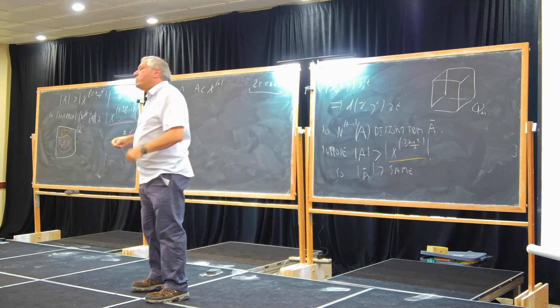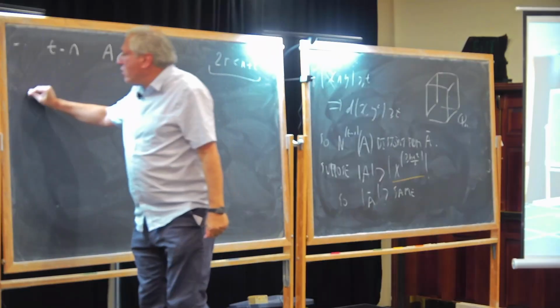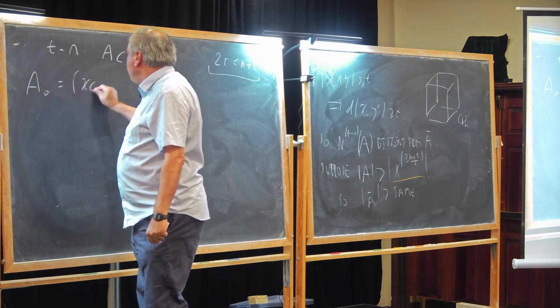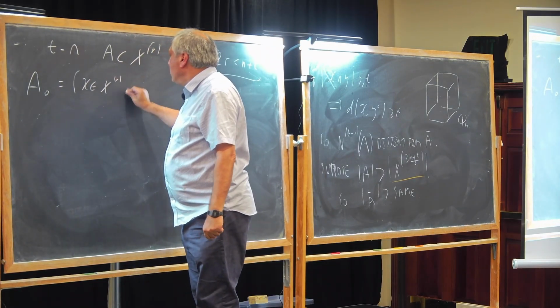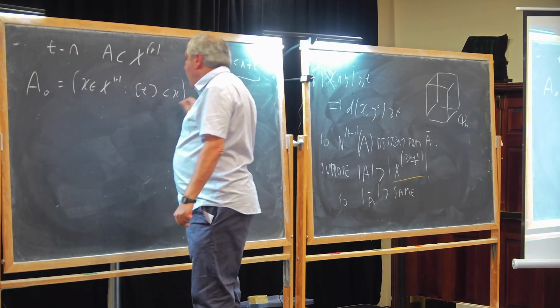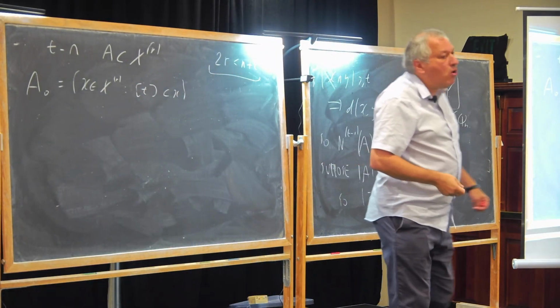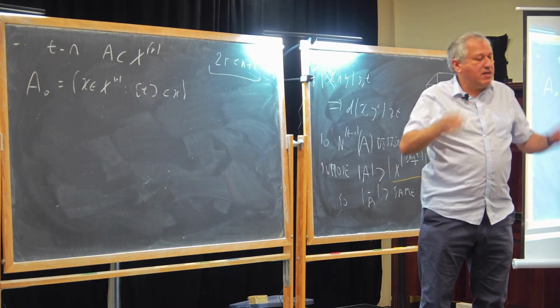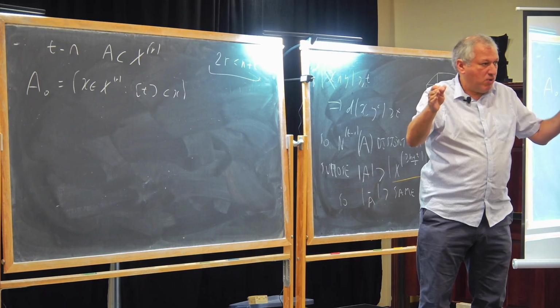Let's think about it. You could have a family, which I'll call, say, A0. That would be all the x in X choose r, such that the square brackets t lives inside x. That's certainly t-intersecting. Or you could do the thing we did before, where you take t plus 2 points and move t plus 1.